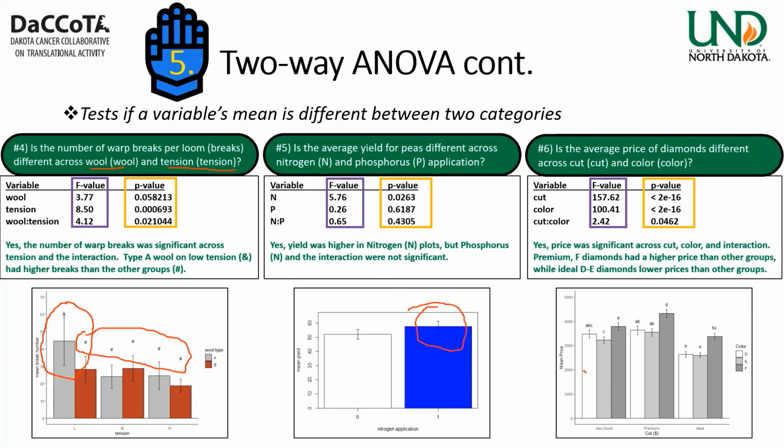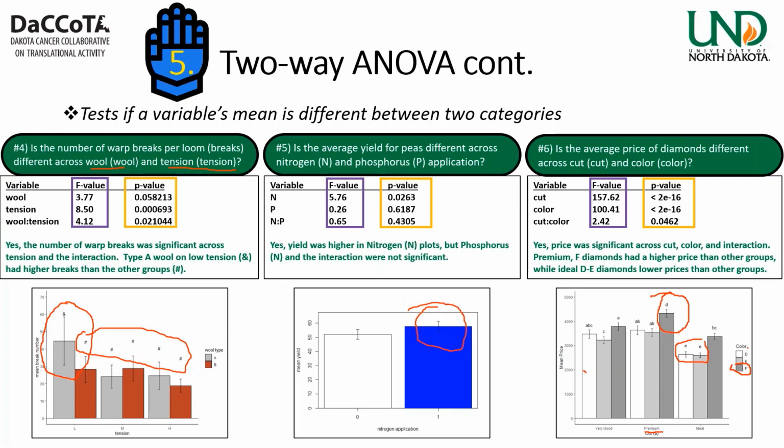Anyways, lots going on here with these interactions, but a good take home here is that the cut of premium diamond and color F had the highest price, whereas the ones with the lowest were actually ideal diamonds with really good colors, D and E. So why would some of the nicest diamonds be the cheapest?